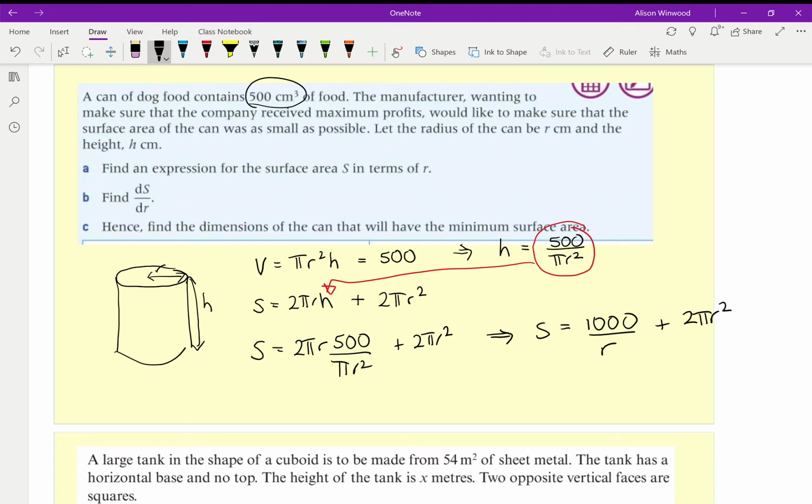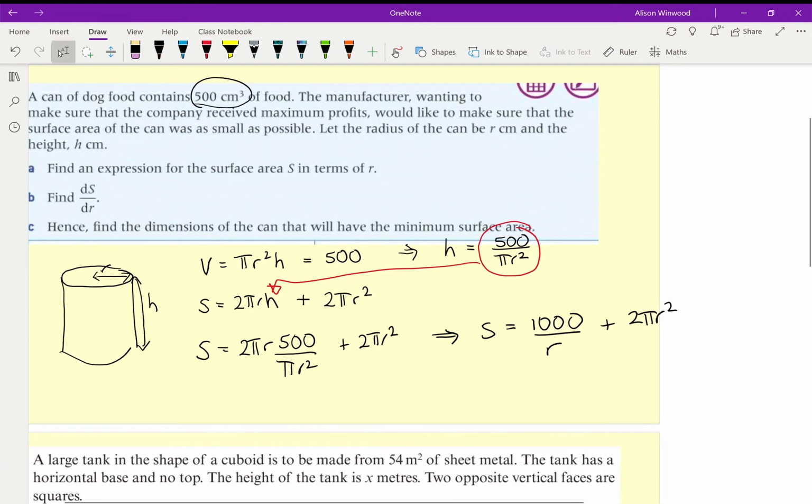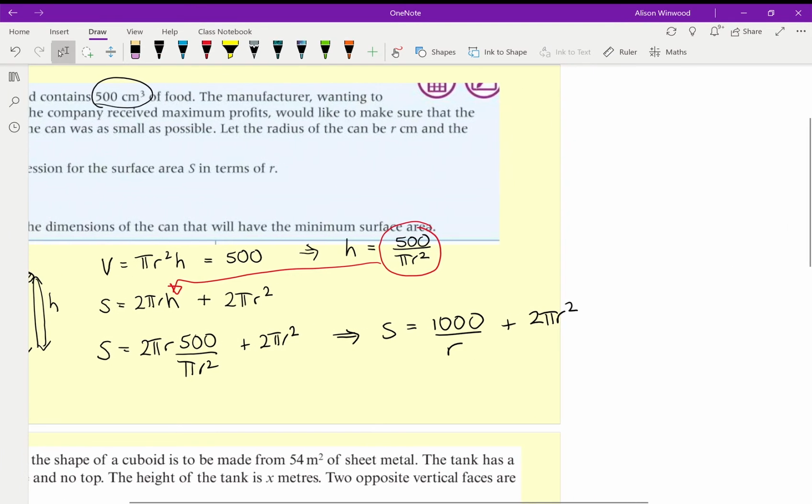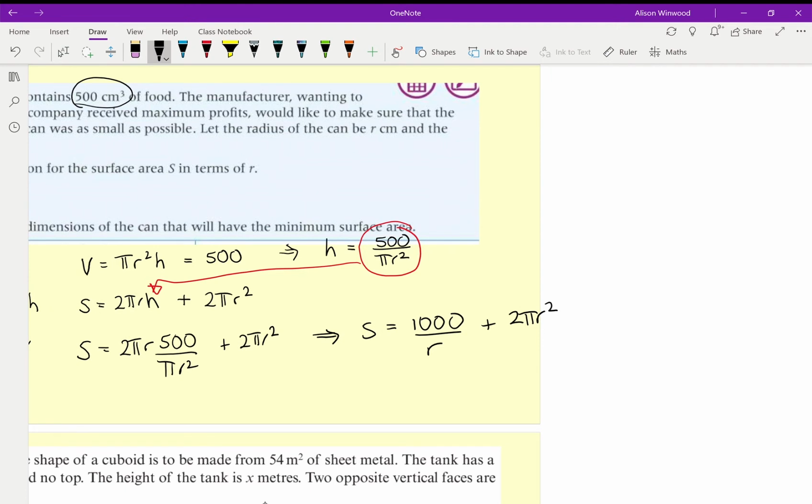Now we can find the minimum surface area, so we can maximize profits. So we want the minimum of this function. So we've got 1000 over r, which we write as 1000 r to the -1, plus 2 pi r squared. We then differentiate and we get -1000 r to the -2 plus 4 pi r.